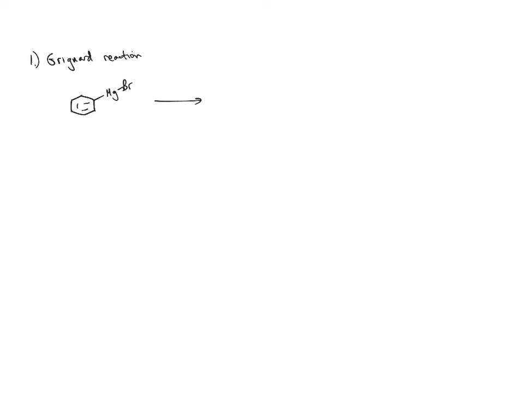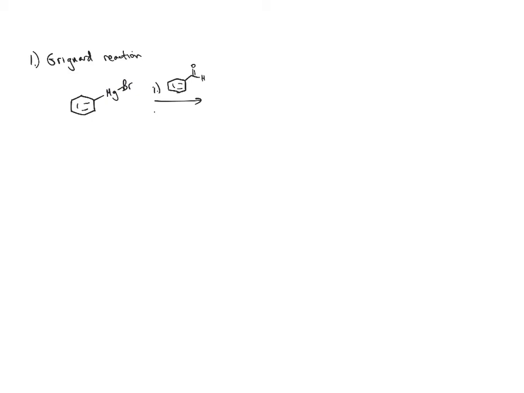So let's say we take this Grignard reagent and we react it in the presence of this aldehyde. So the aldehyde is our starting material, and that aldehyde is electrophilic, right, because it's got a pi star CO that's fairly low.